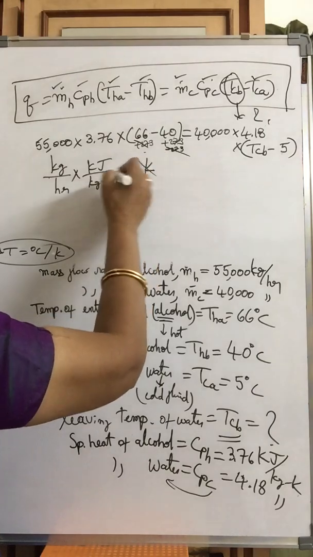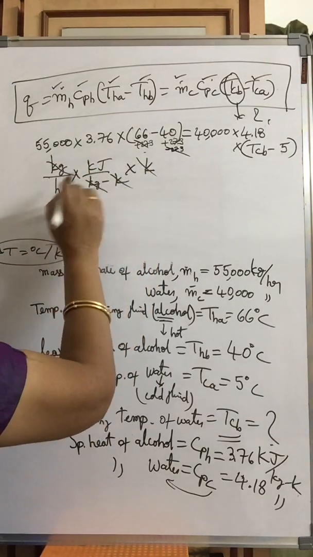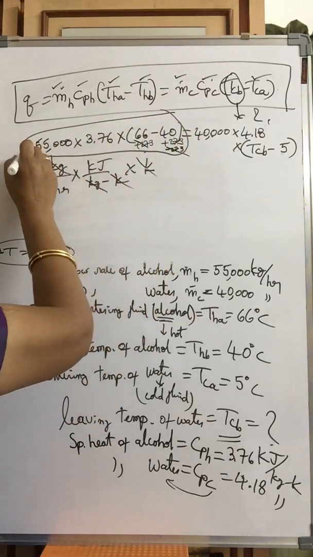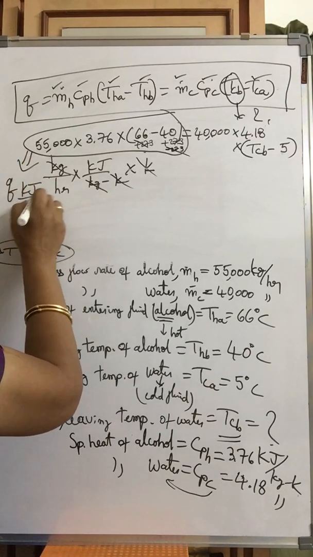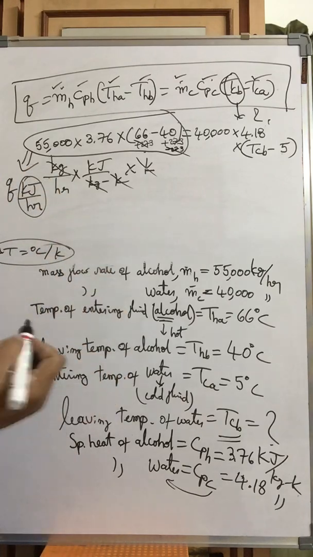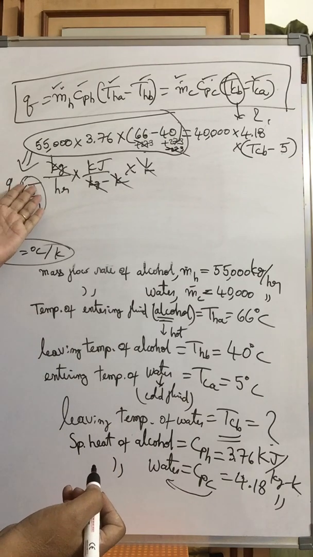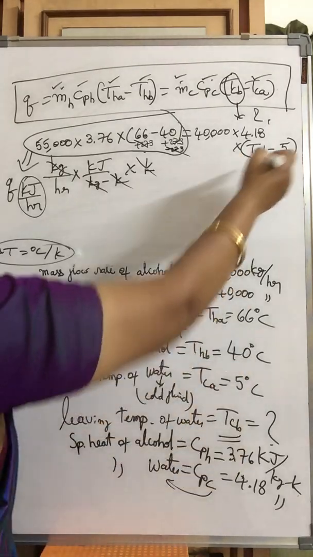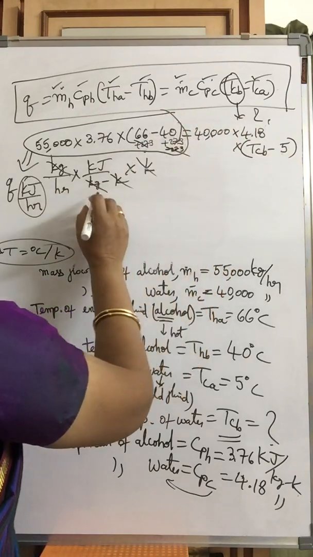So here Kelvin, Kelvin, kg, kg, if you cancel out, this whole thing is nothing but Q, in kilojoules per hour. Q is not the question here, but if you want it, you can convert into joules per second, which you can represent in watts. Everything is consistent.